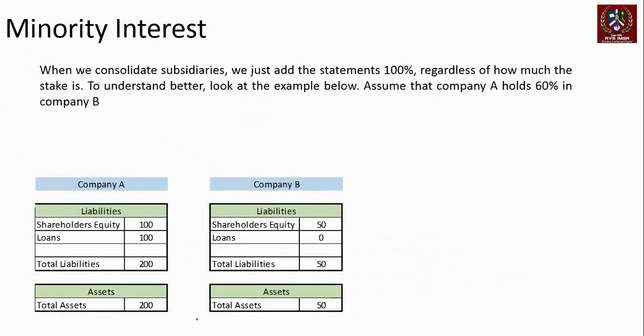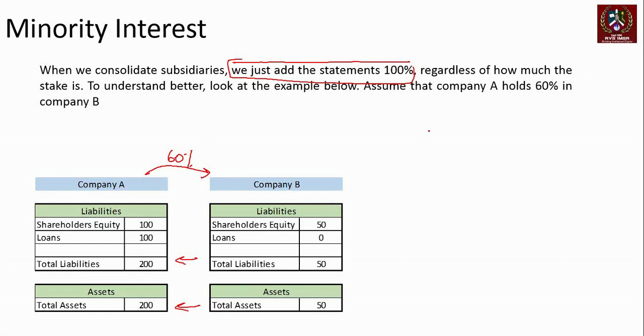So for example, assume that company A holds 60% in company B, right? Now, as per principles of consolidation, you just add the statements 100%, which is you'll add all P&L to P&L, you'll add all profits to profits, sales to sales, revenues to revenues, expenses to expenses. There is no pro rata adjustment there.